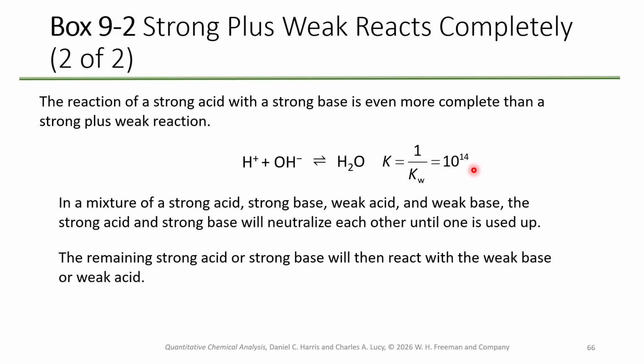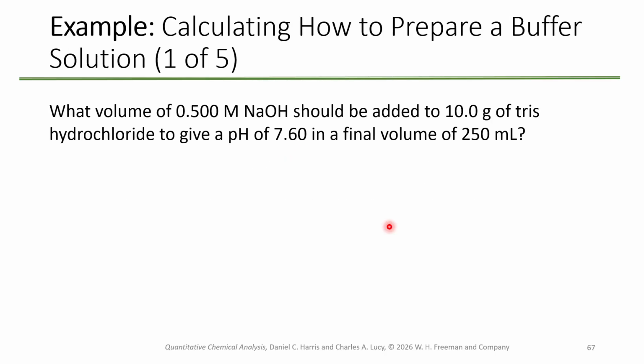And so this has a huge equilibrium constant, and we basically go all the way in one direction. Okay, we're going to have very, very little of it left over. Realistically, the only stuff we're going to have left over for the H plus and OH minus, if we add equal amounts of HCl and NaOH, any strong acid, strong base pair, is going to be the autoionization equilibrium. Okay, so you'd expect 10 to the negative 7 of each of these concentrations left over.